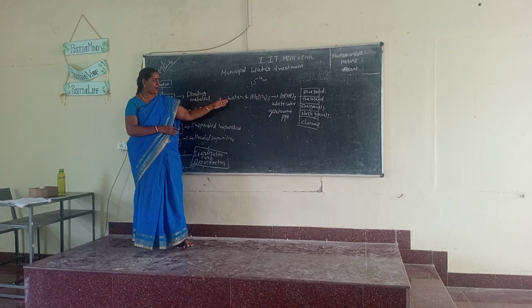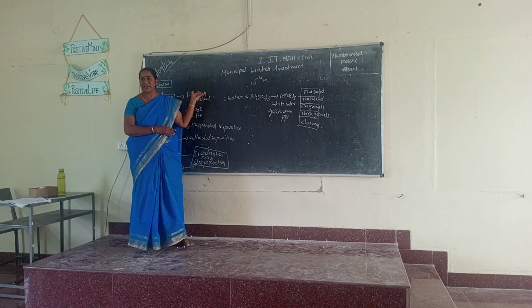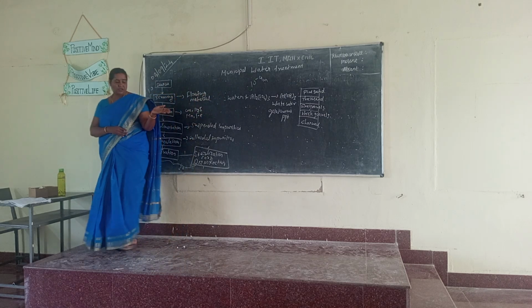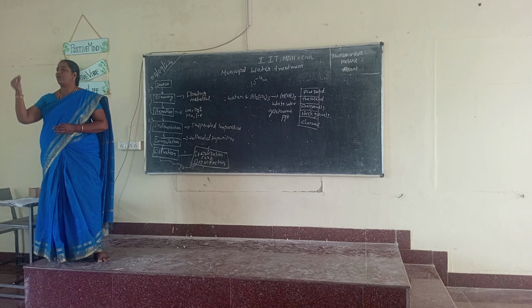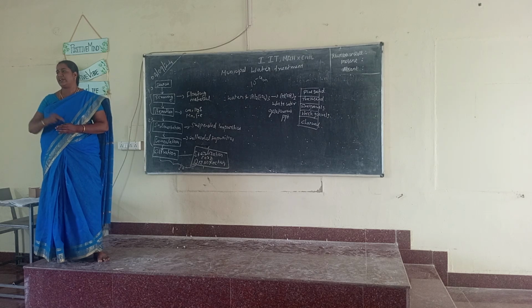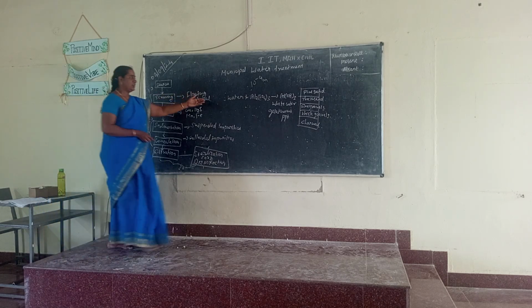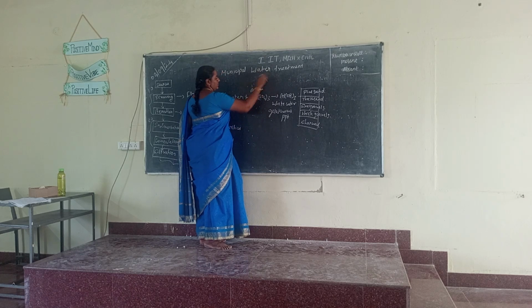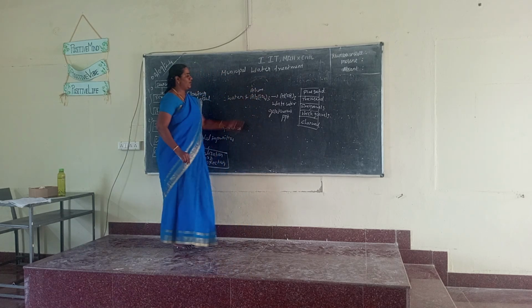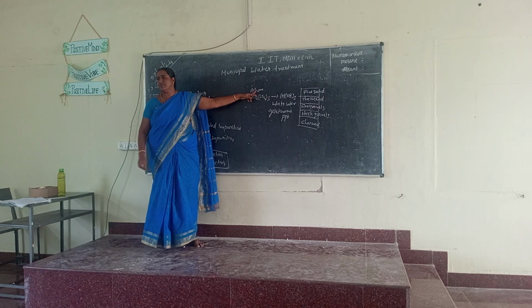After the water enters the coagulation tank, we add a small amount of potash alum. Potash alum means aluminum sulfate. That is called alum. What is the chemical formula for alum?